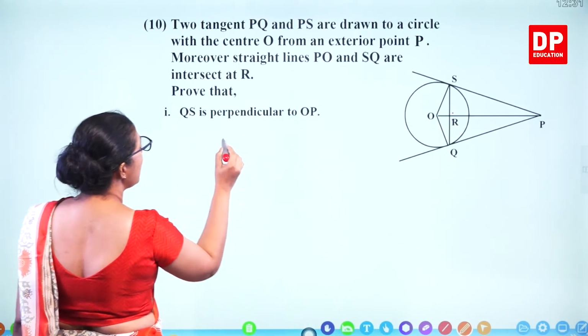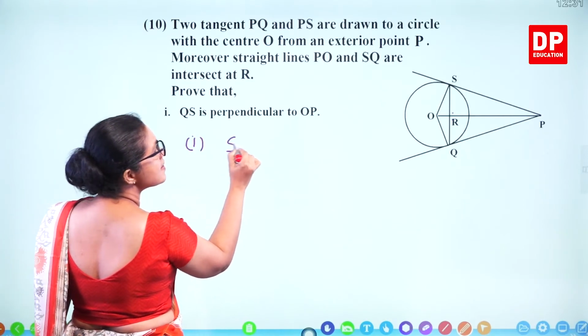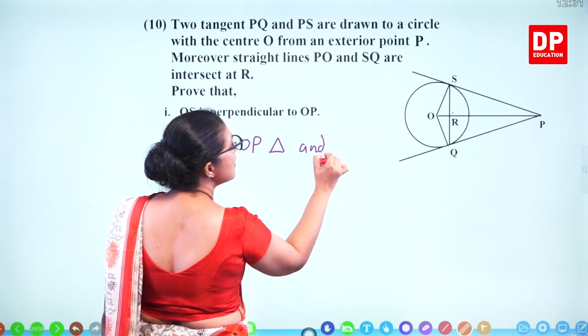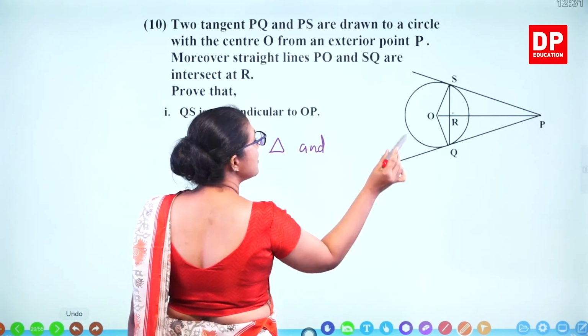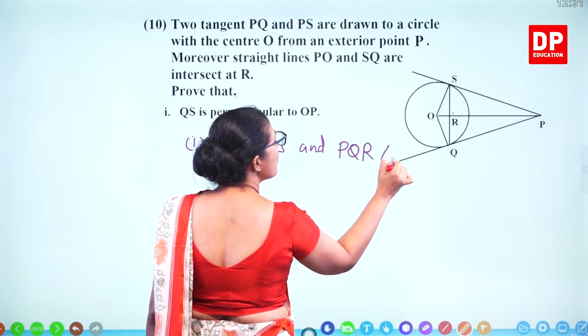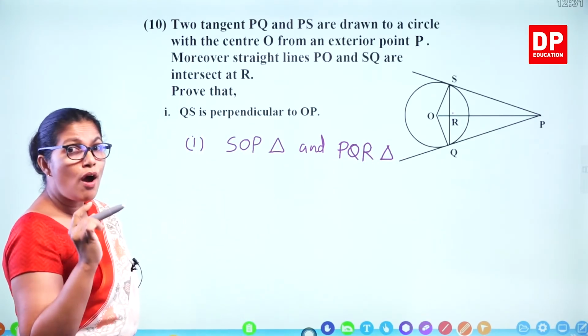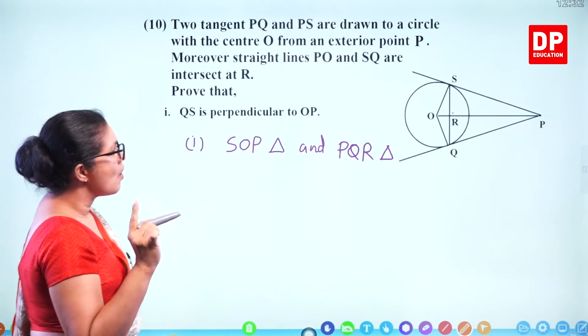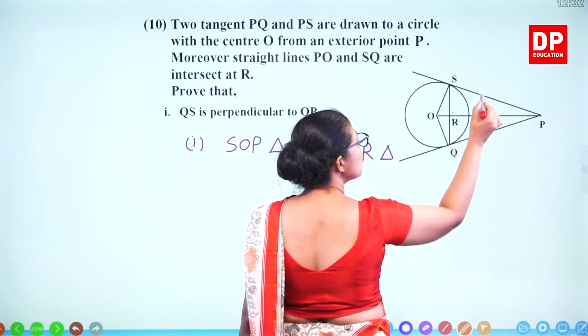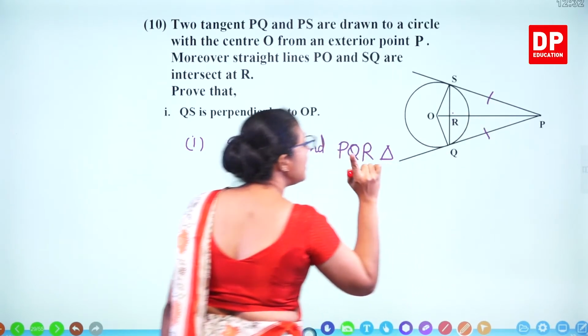We have to take the SPR triangle and the PQR triangle. We'll take those two triangles and see whether these two are congruent. We know if you take any outside point and draw two tangents, the lengths are equal.